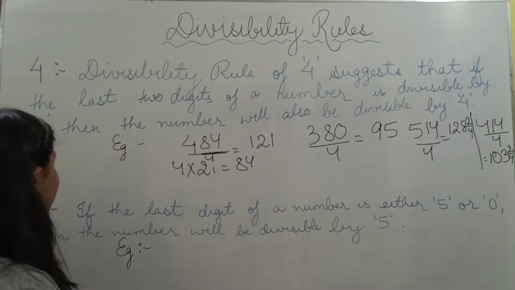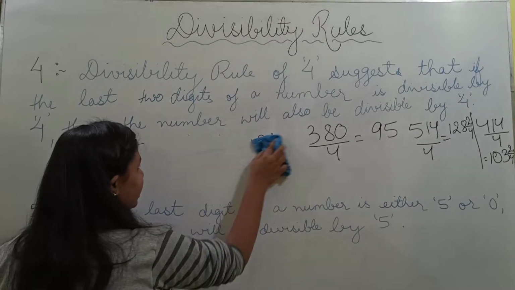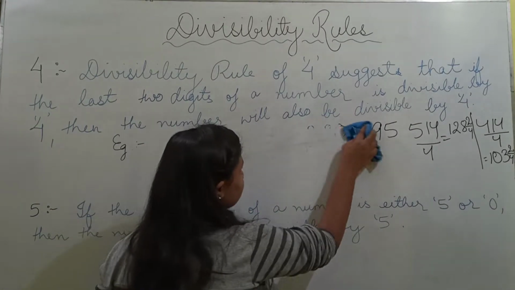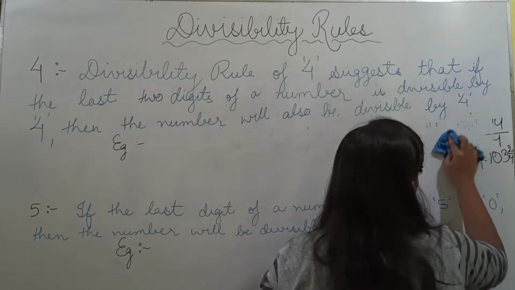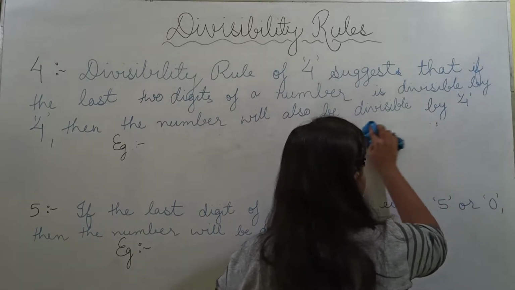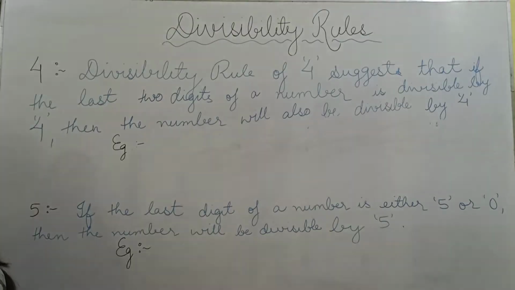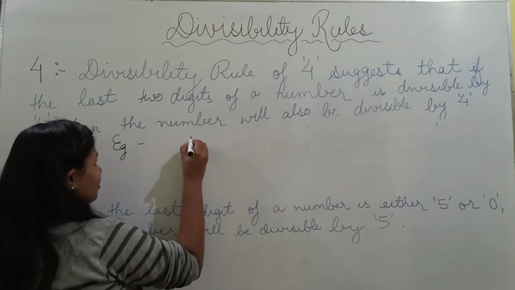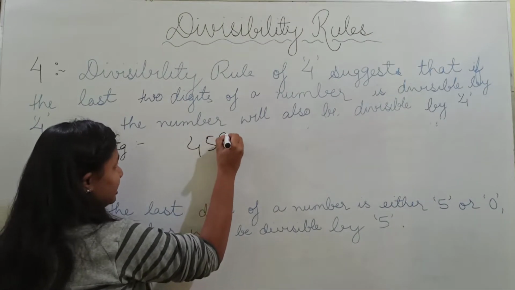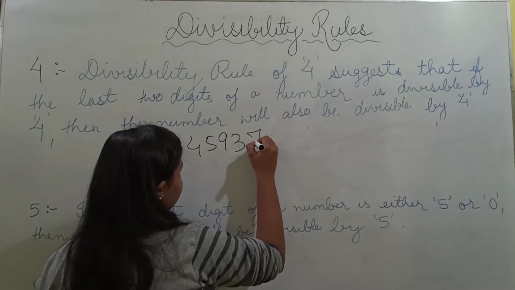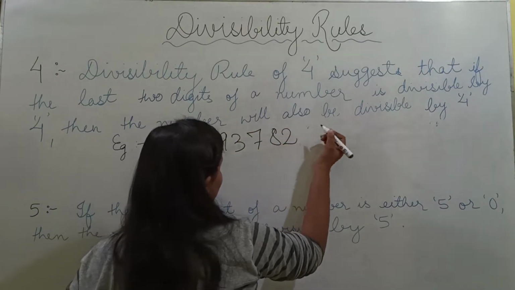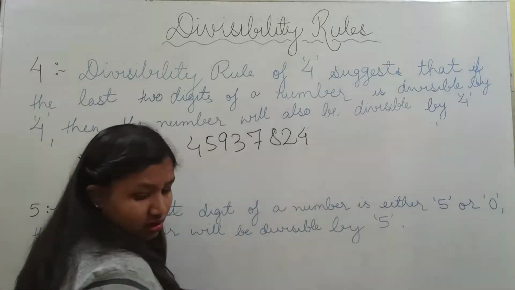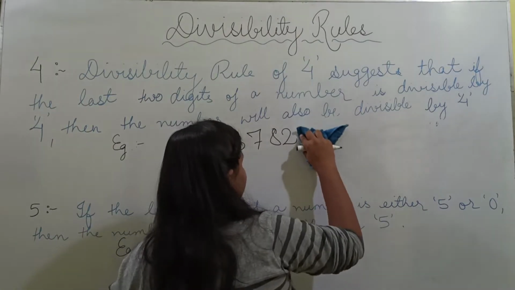Now let me show you by dividing a greater number. Let's take a number of 6 to 7 digits: 4, 5, 9, 3, 7, 8, 2. Or better, we will take 8.